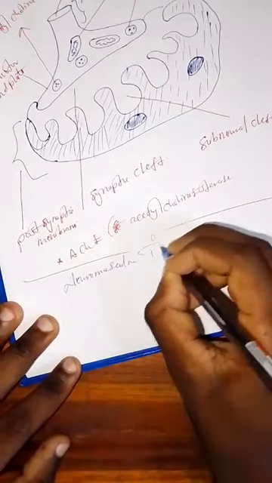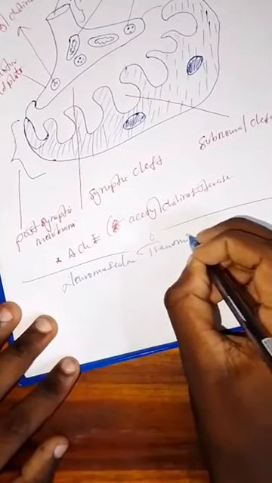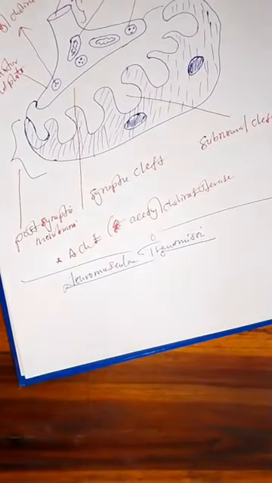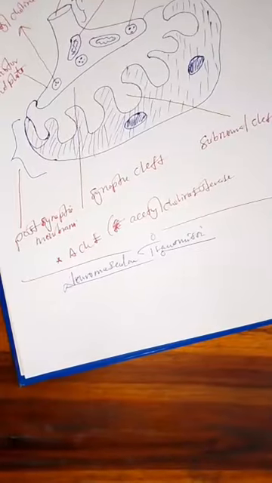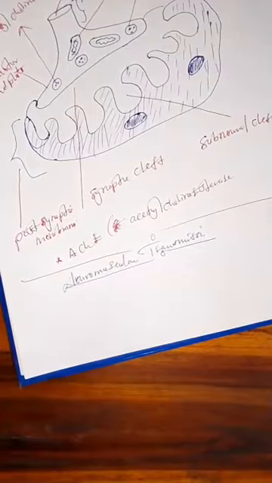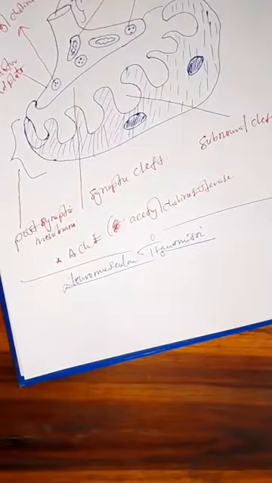Neuromuscular transmission is just the transfer of information from the motor nerve ending to the muscle fiber through the neuromuscular junction.